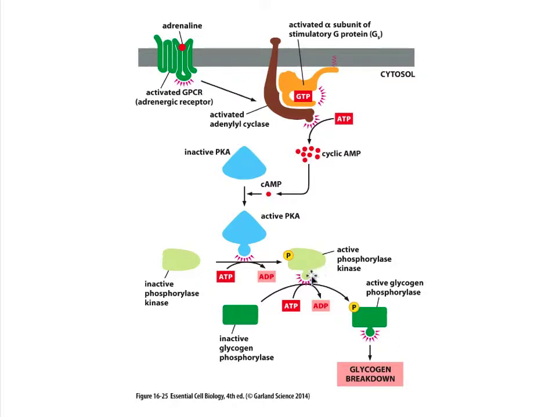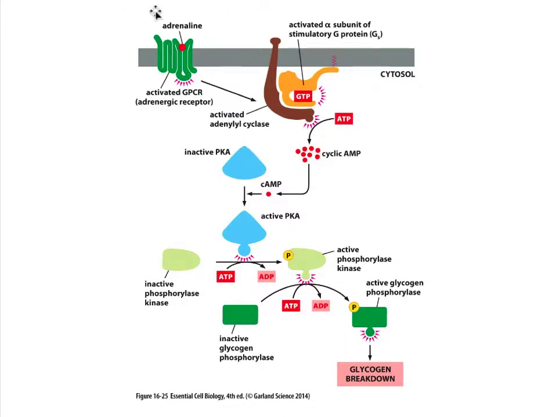Once it's active, it then activates another enzyme called glycogen phosphorylase. And the glycogen phosphorylase becomes phosphorylated itself, and once it's activated, it will then turn on the pathway leading to the breakdown of glycogen. So look very carefully, we have a number of proteins have a knock-on effect on each other. But this is how the cell works.